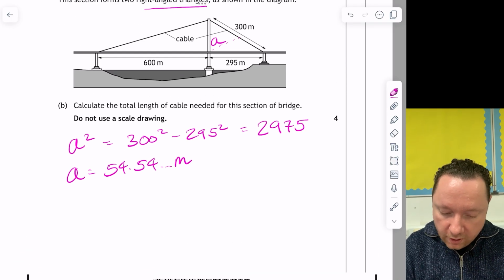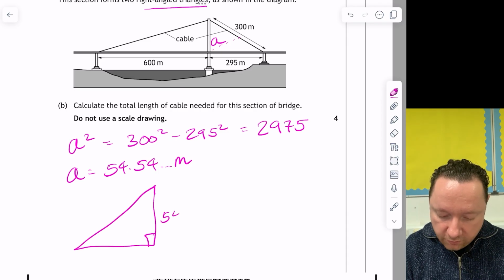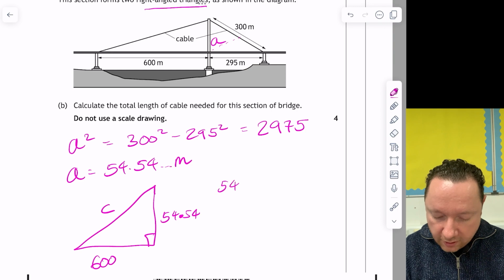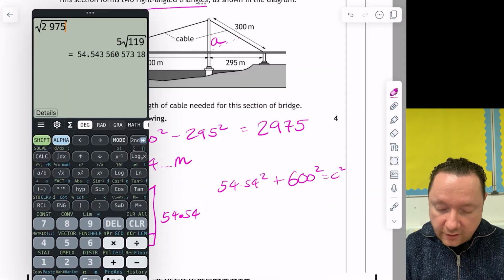So now we've got the other triangle, which is on the left. And that is 54.54, and that is 600. So if we call this one C, then 54.54 squared plus 600 squared equals C squared. So this is now an adding Pythagoras because I'm finding the longest side.